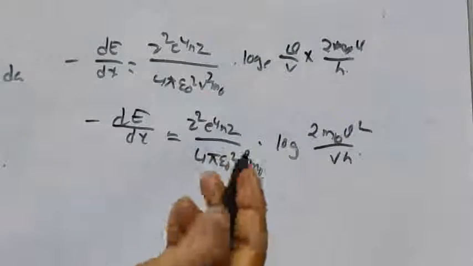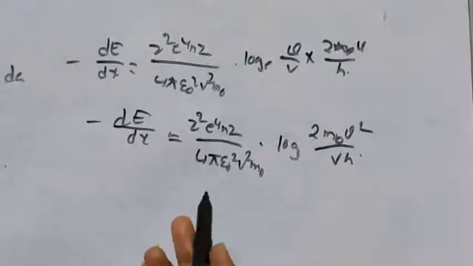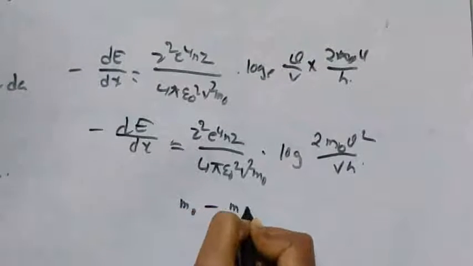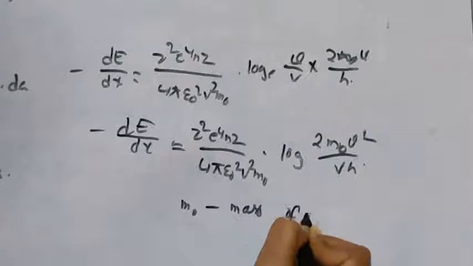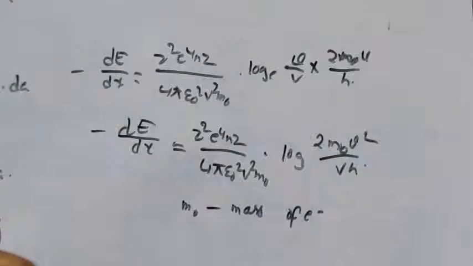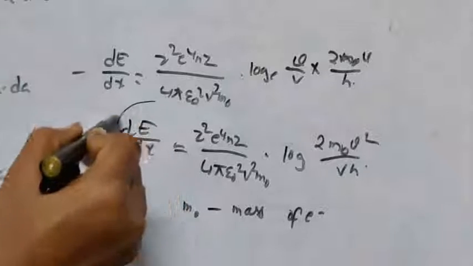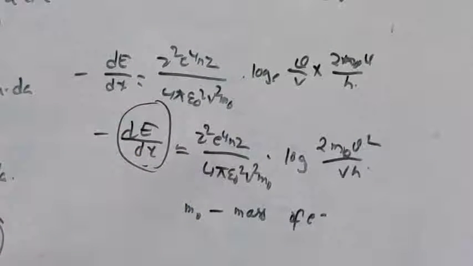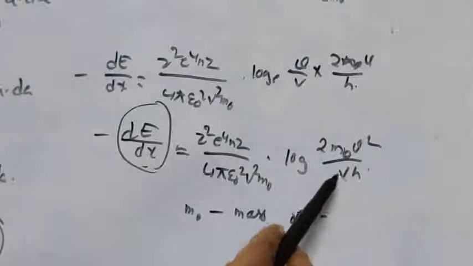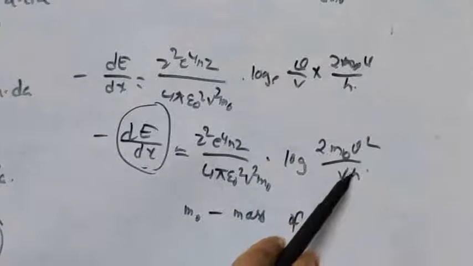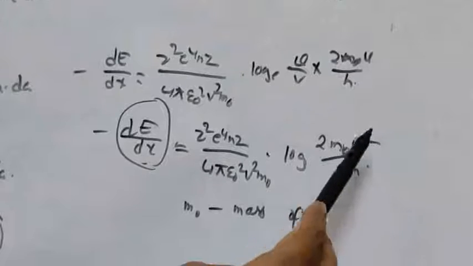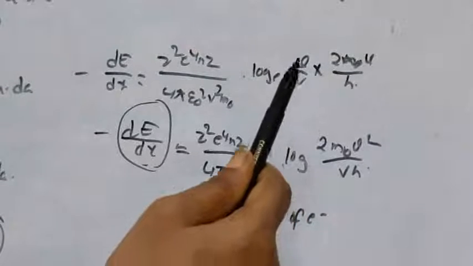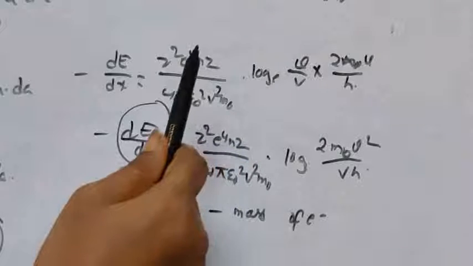Here m naught is the mass of electron, and dE by dx is the stopping power of the medium. h nu is nothing but the average excitation energy or binding energy of atomic electron.